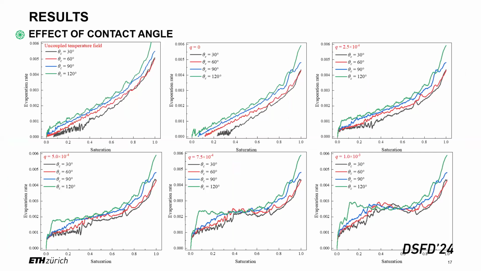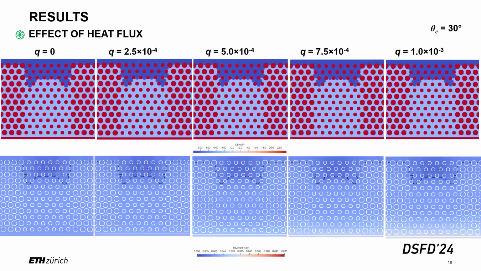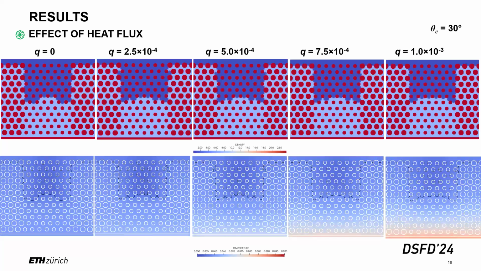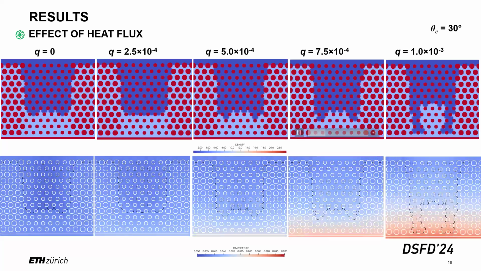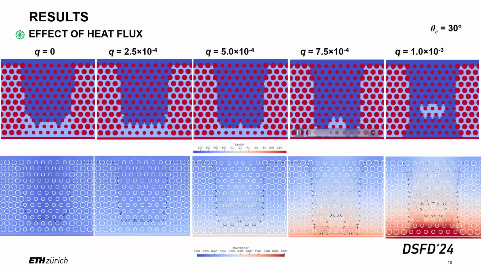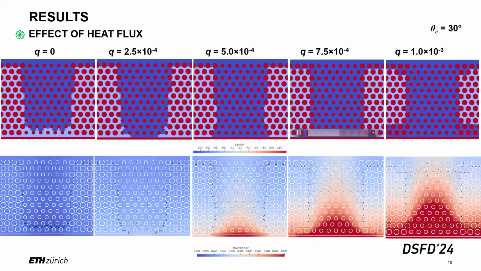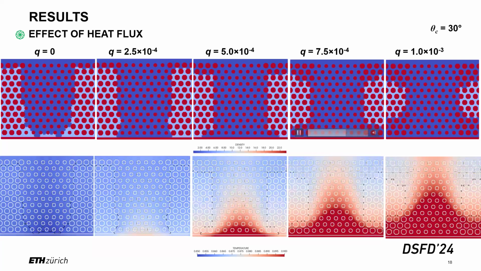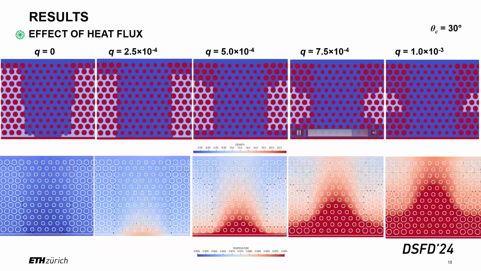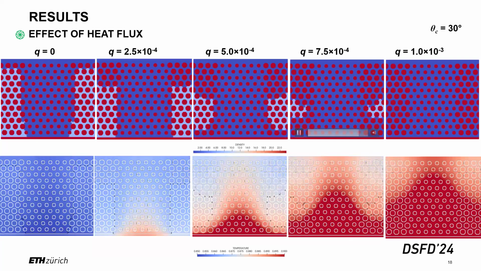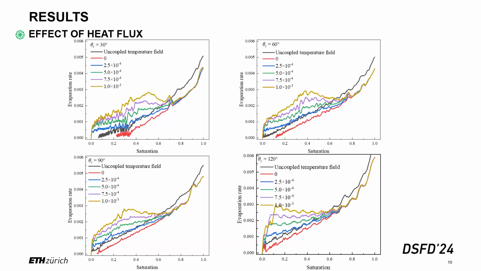And next, for the effect of heat flux, from the video we can find once the heat flux is higher, the bottom of the porous media is drying. And then comparing the evaporation rate, we can find in the beginning the evaporation rate gradually decreases, and for all the different heat fluxes they are very close.